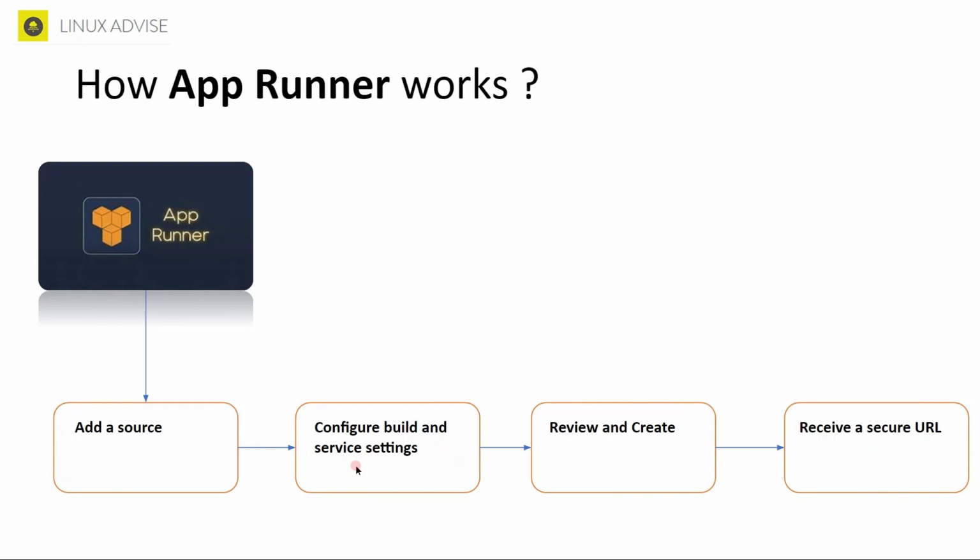Then we configure some build and service settings, like what commands to execute to start the application, and the virtual CPUs and memory. Then we just review and create. Click on create, and in a few minutes we will receive a secure URL which will have our application running.